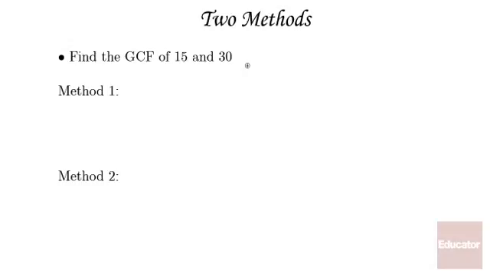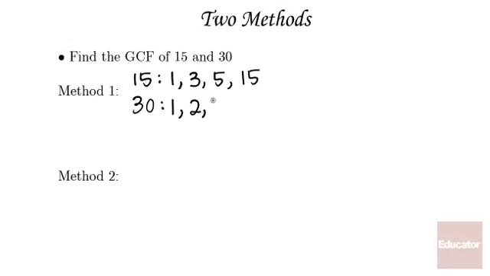The first method is very simple. All you need to do is list out the factors. So 15, I know the factors of 15 would be 1, 3, 5, and 15. For 30, the factors are 1, 2, 5, 6, 10, oh, I forgot 3, and 30 itself.